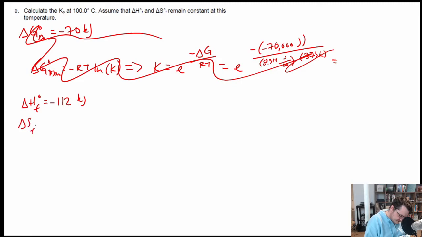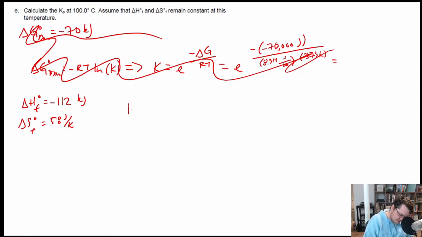Delta S is equal to, what is it? 52 times 2 minus 87. No, not 52. 240. 240 times 2 minus 211 times 2 comes out to 58 joules per Kelvin.